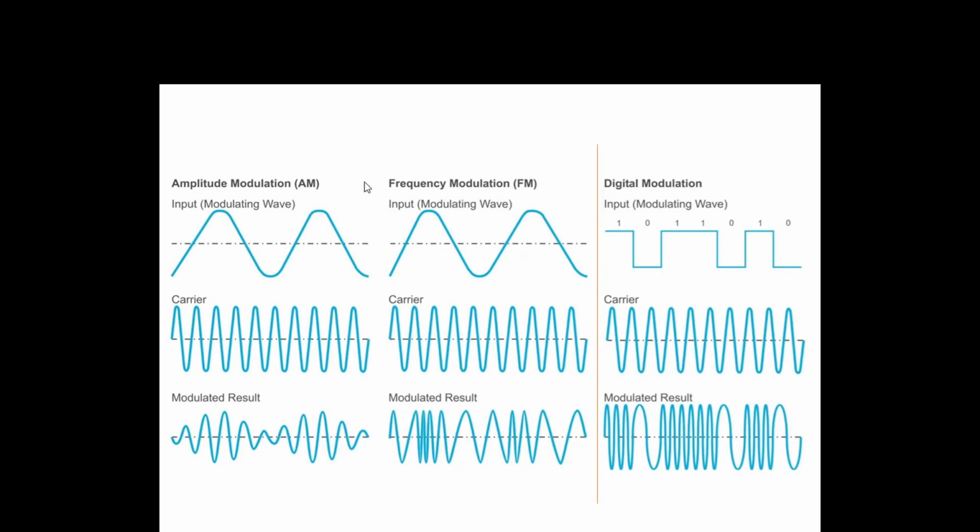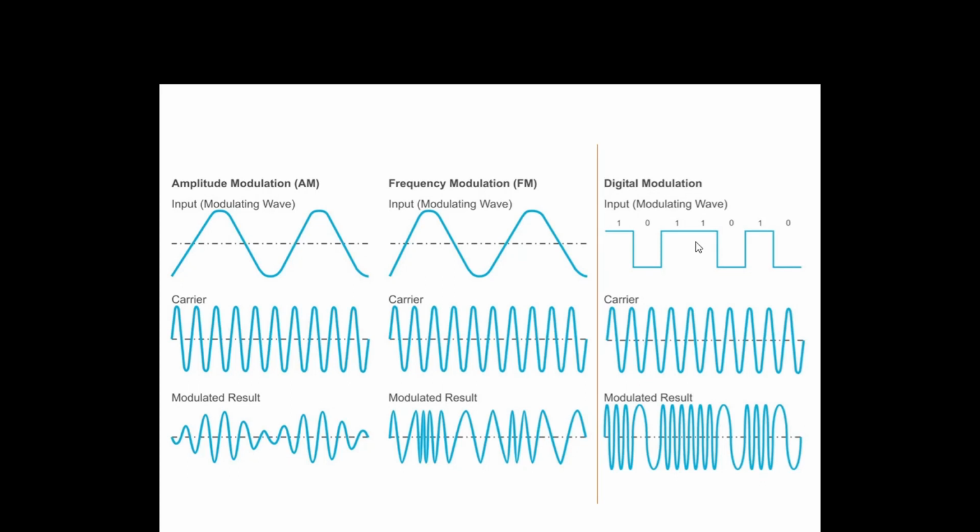In the case of frequency modulation, the third waveform shows that the frequency of the modulated signal varies with respect to the message signal; that is said to be the frequency modulated waveform. In the case of digital modulation, look at a simple example.